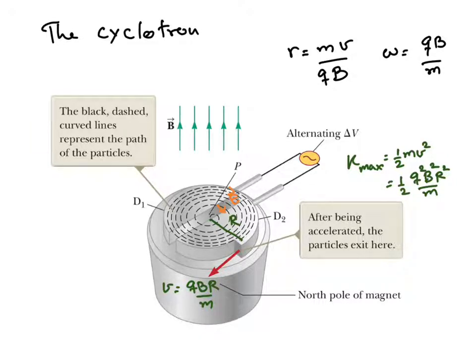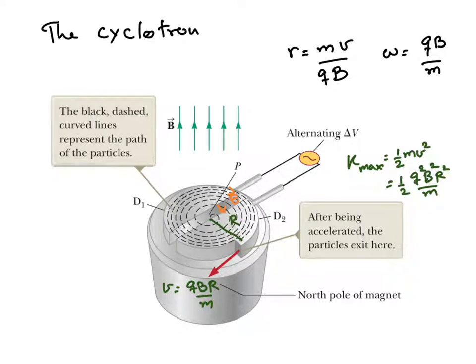We also have that the angular frequency of this particle when it moves in the circular path is qB over m. The important point here is that omega does not depend on the radius r. It depends on q, the charge of the ion, B, the magnetic field, and m, the mass of the ion.